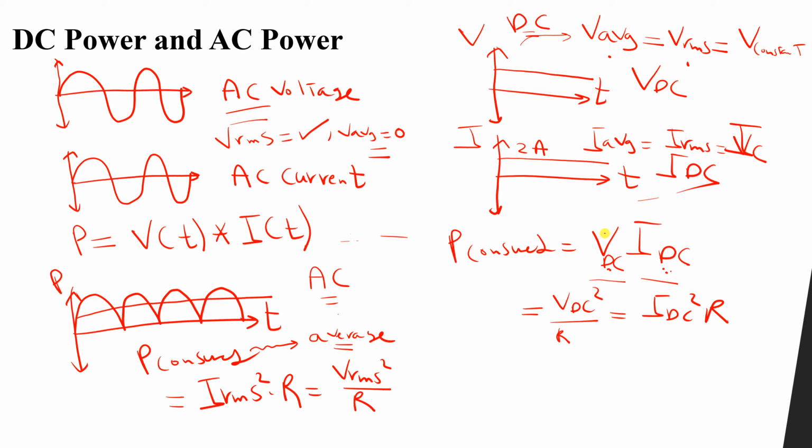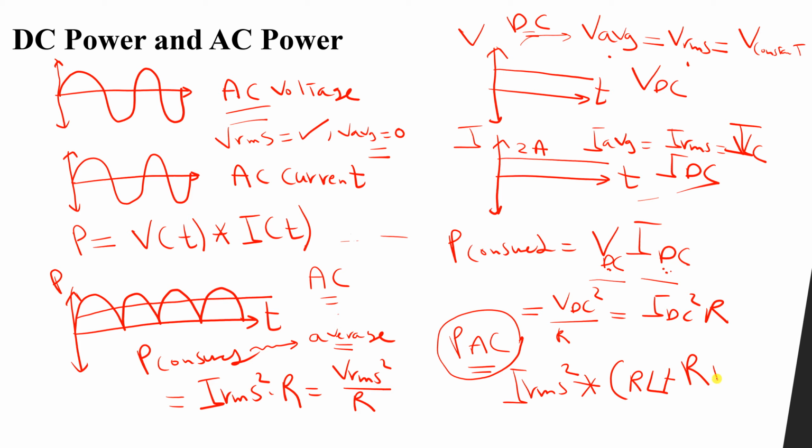Now, when we are talking about rectifiers, the AC input power coming from the supply is represented by I RMS squared multiplied by the total resistance, R load plus the resistance of the diode.